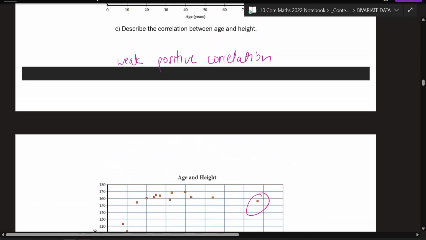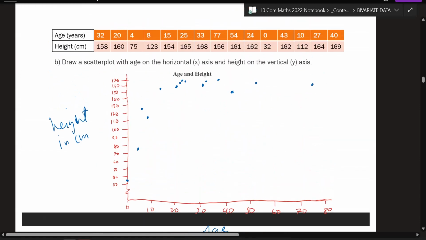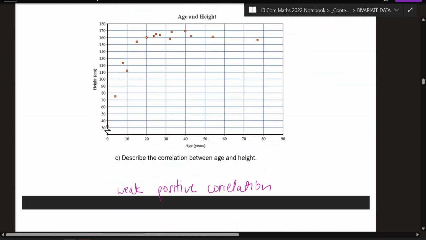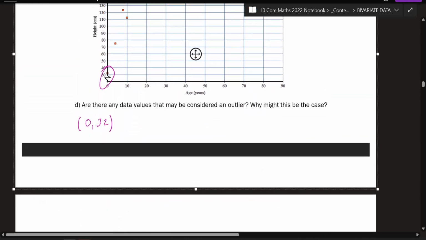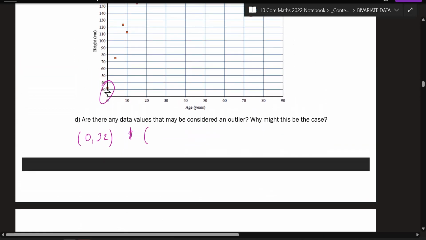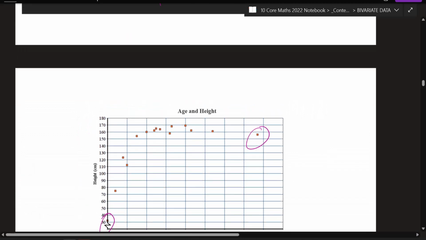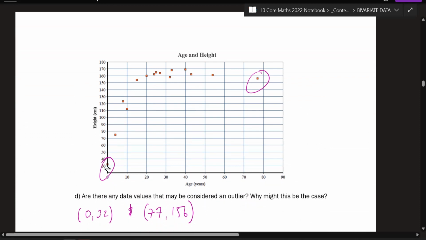And the other one was, what was it? 77, 156. Wait, so 75 doesn't count as an outlier? I don't think so. Not yet, because technically it's still pretty close to everyone else. But you could argue that it is. I think if you wrote it on the exam, I wouldn't deduct marks from you because it's kind of misleading. But those are 2 definite ones. Yeah, these 2.